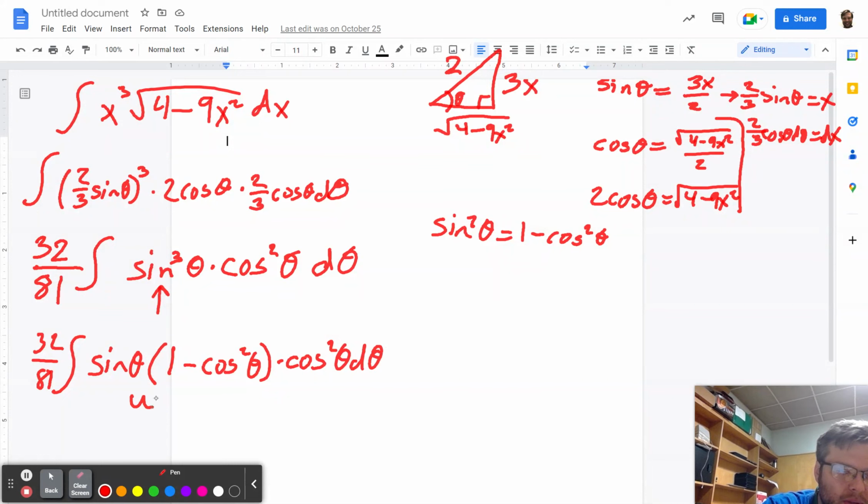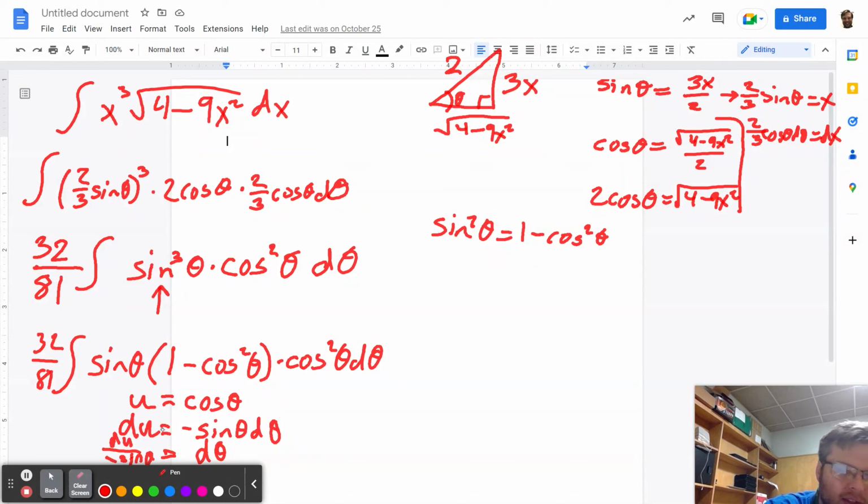The beauty of doing that is now you can do a u substitution, where u is cosine theta. So du is negative sine theta d theta, and that would cancel out the sine theta at the front. d theta is du divided by negative sine theta.